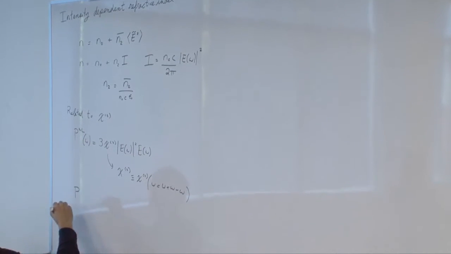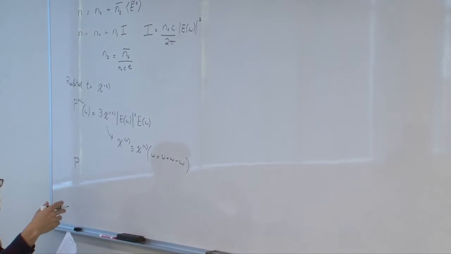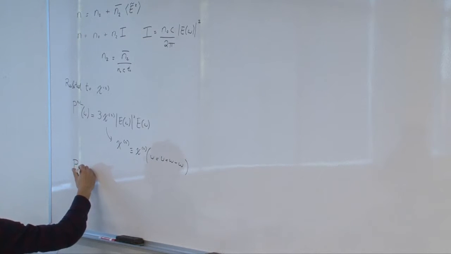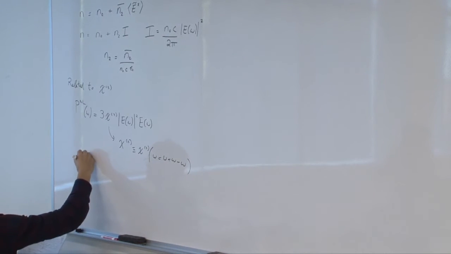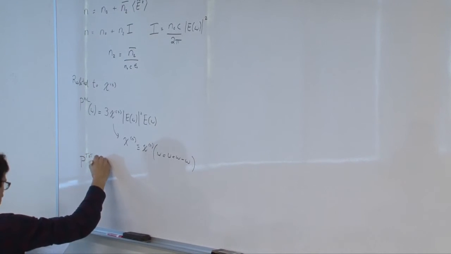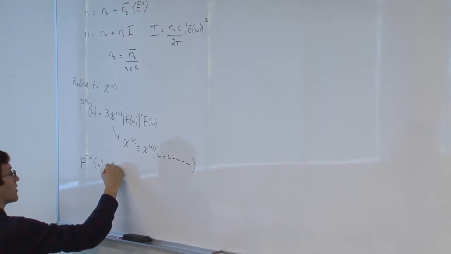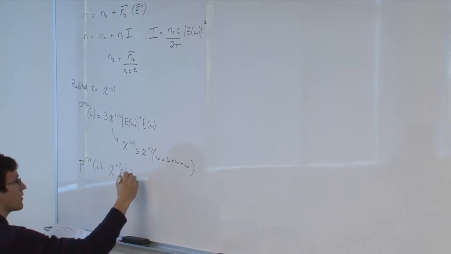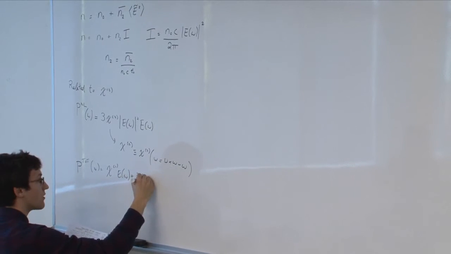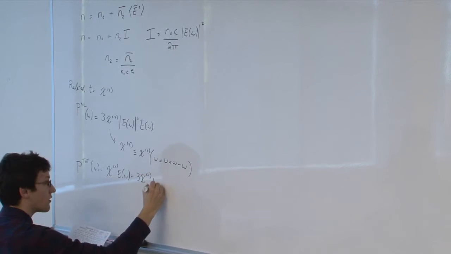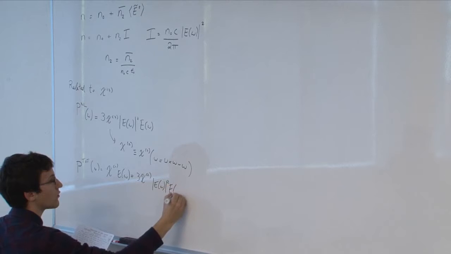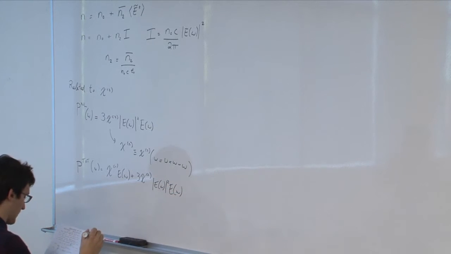the total of those two contributions, linear and nonlinear, to the polarization. P of omega is given by chi1 E of omega plus 3 chi3 E of omega squared E of omega, right?